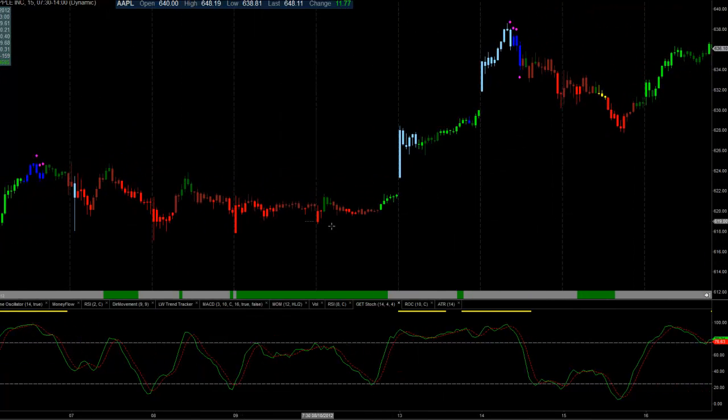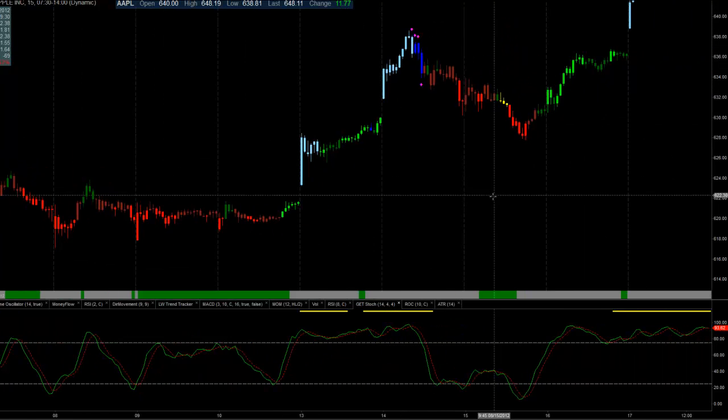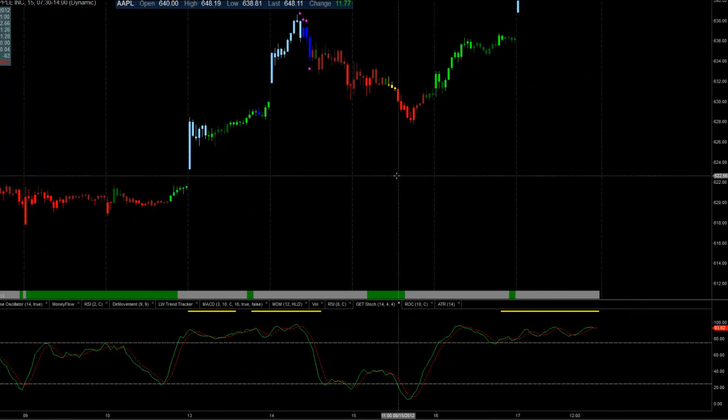As we squeeze to the end of this contraction period, stochastics is at the bottom working its way higher. It's crossed through the slow indicator. It's passed back above the 25 level on the oscillator, and Bob's your uncle and you're off to the races.